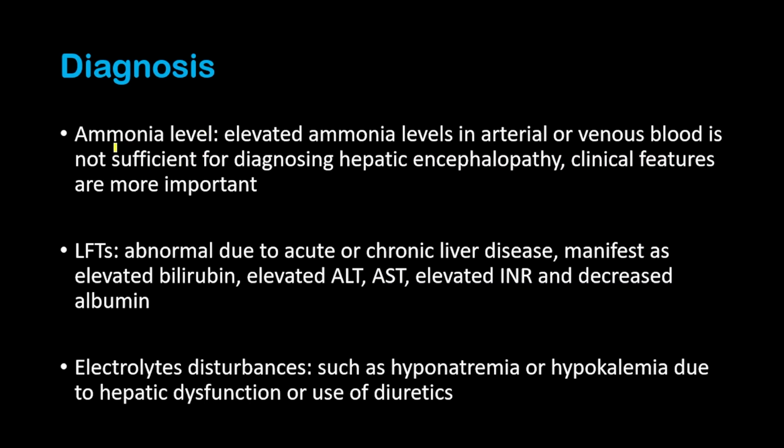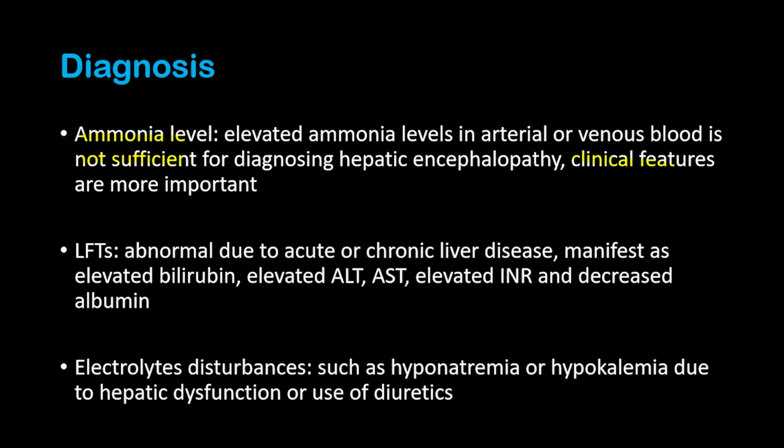Now, regarding the blood ammonia level, the elevated ammonia level in arterial or venous blood is not sufficient for diagnosing hepatic encephalopathy, and it is not used in the diagnosis because ammonia levels are variable and they don't reflect the clinical features of the patient. So the clinical features are more important in the diagnosis.